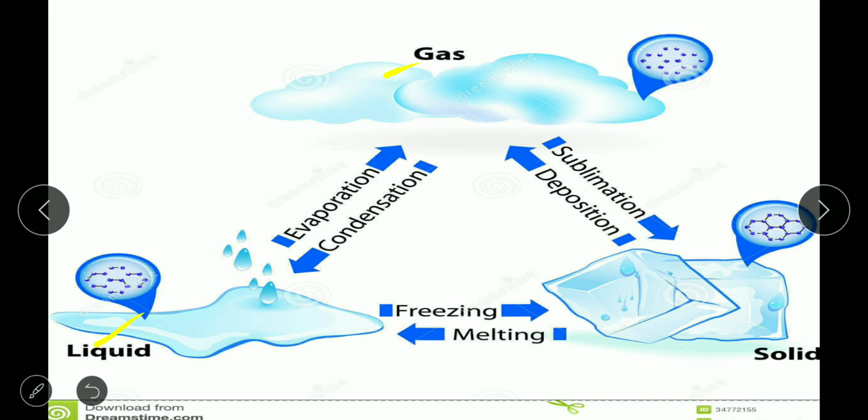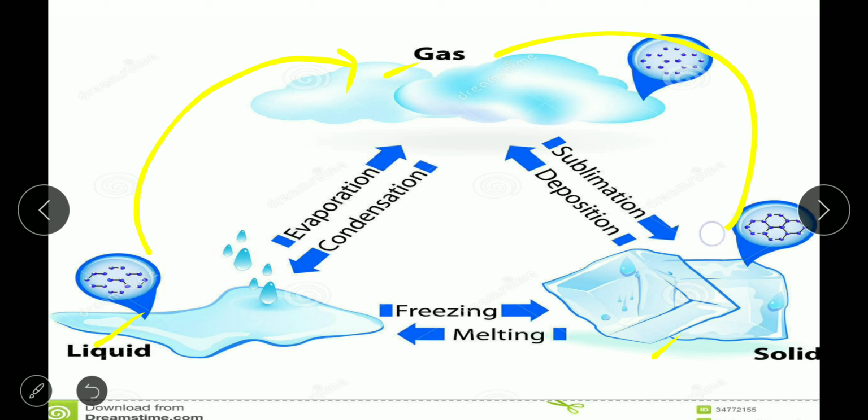Liquid, gas, and solid convert from one form to another when heat is provided or extracted. When liquid is converted into gas, this process is known as vaporization. For example, a water molecule is converted into vapor. This process is known as evaporation or vaporization.